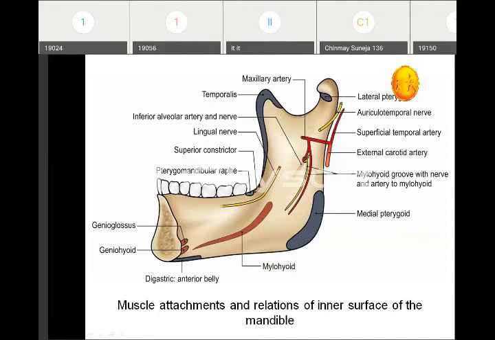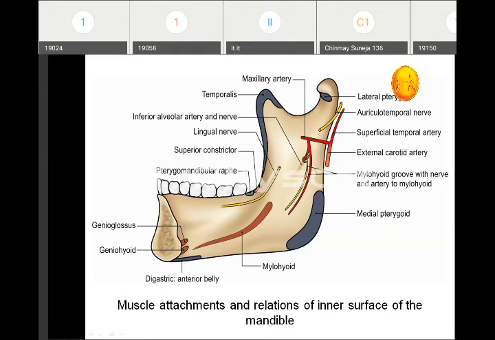Then on the genial tubercles, we have discussed there are 4 genial tubercles. On the 2 superior genial tubercles, there is origin of the genioglossus muscle. You can remember it like this: the tongue is above the hyoid bone. So on the superior genial tubercles, there is origin of the genioglossus muscle, and on the inferior genial tubercles, there is origin of the geniohyoid muscle.